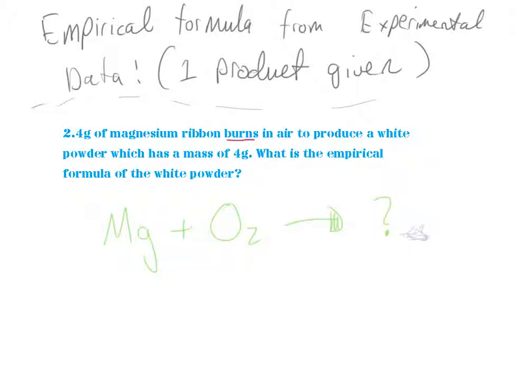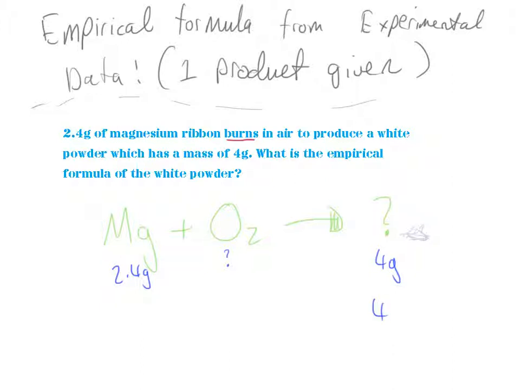So we've got 2.4 grams of magnesium, and right now we don't know the mass of the oxygen, and we know that the mass of the powder is 4 grams, basically, not 4, but 4.4 grams. And none of the mass actually disappears from this reaction. The mass on this side is going to be the same as the mass on this side. Because of this, we can do a simple subtraction to find out the mass of oxygen which participates in the reaction.